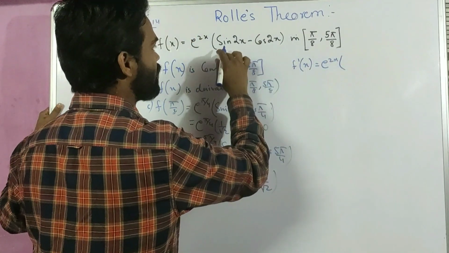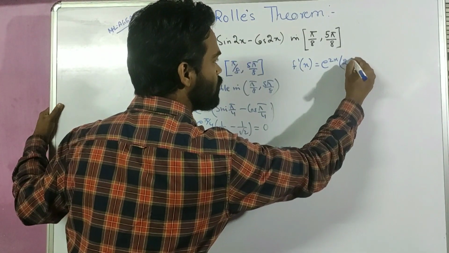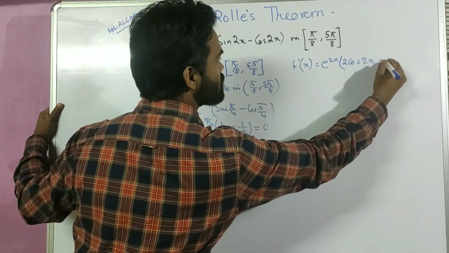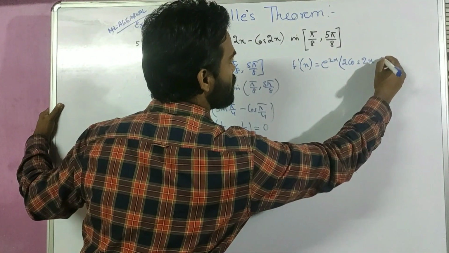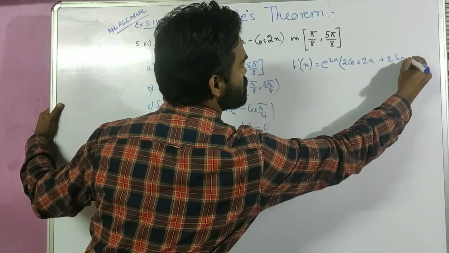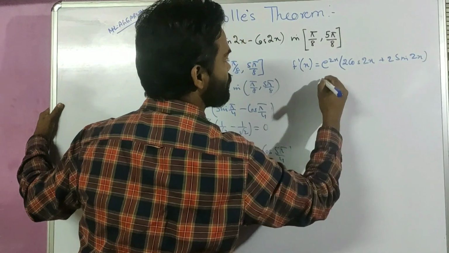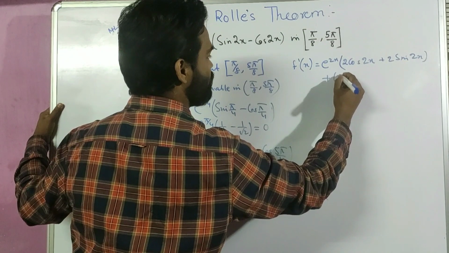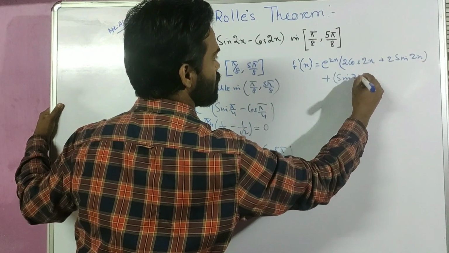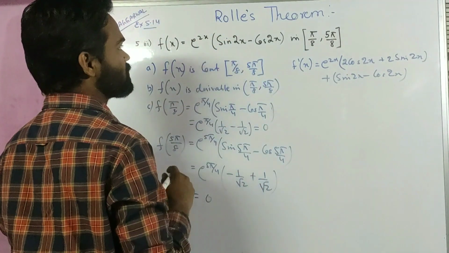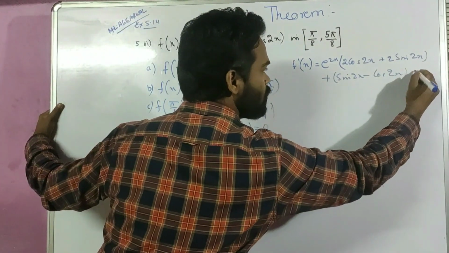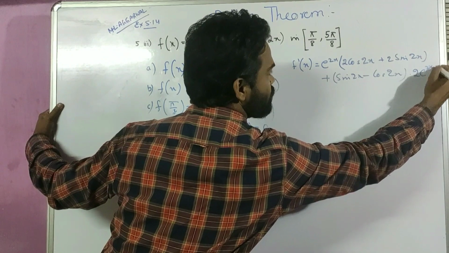Now d/dx of the second function, sine 2x, will be 2 cos 2x, minus cos 2x will be minus 2 sine 2x, plus second function and d/dx of first function, which means e to the power 2x will be 2 e to the power 2x.